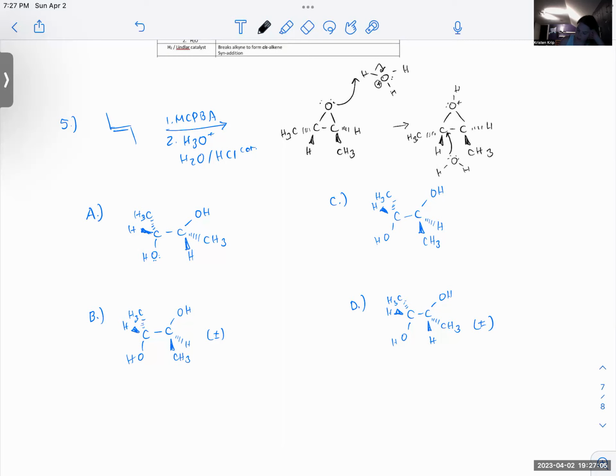It's symmetrical, so it really doesn't matter which side you put it on, because if you just turn it around, it's going to be the same thing anyway.